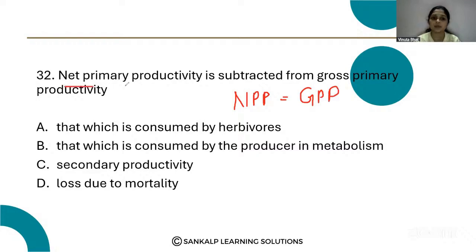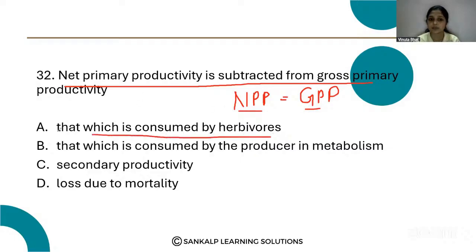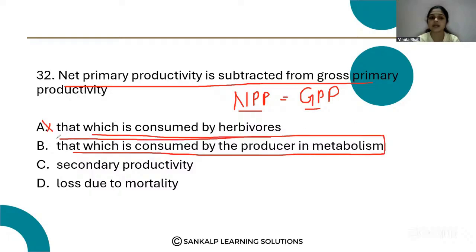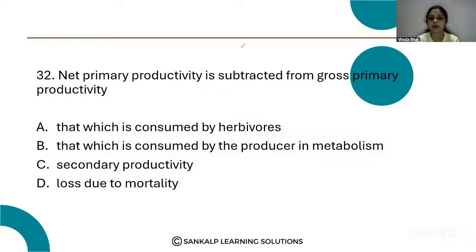So net primary productivity is obtained by subtracting from the gross primary productivity that which is consumed by the producer in the metabolism. So this is the correct answer, option B, it is consumed by the producer in metabolism.